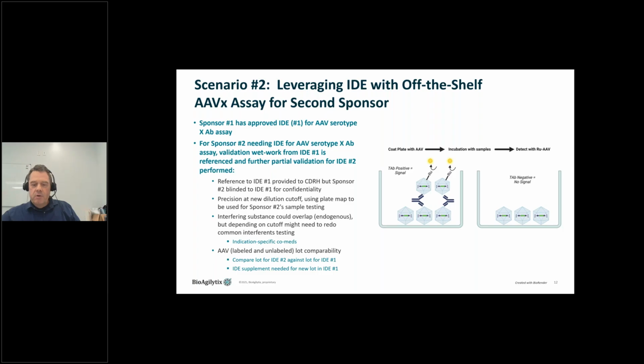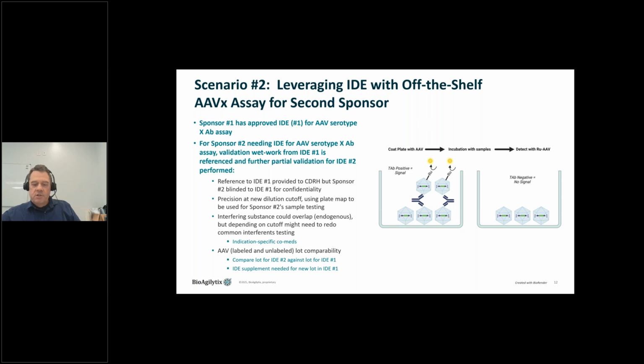And another scenario is a case in which BioAgilytix has an off-the-shelf assay that's offered to multiple clients, and one sponsor has already achieved an IDE with that assay, and then a second sponsor needs to obtain an IDE that's specific for their trial.